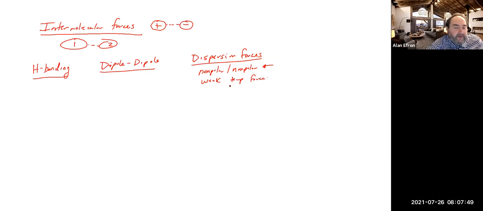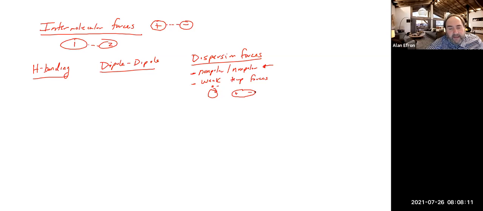There are a couple of different ways this could occur, but one main way is through what is sometimes referred to as an instantaneous dipole. That's when something that normally has no charge, electrons decide to go to one side of the molecule versus the other, and it gives a temporary separation of charge within that molecule.